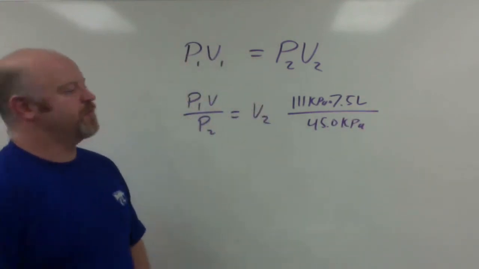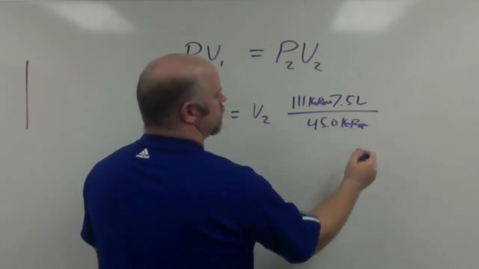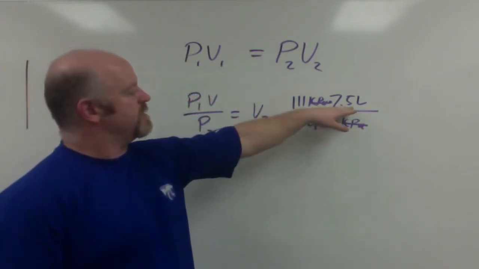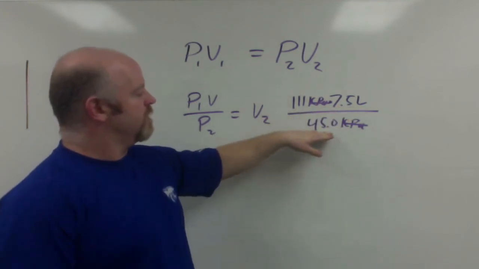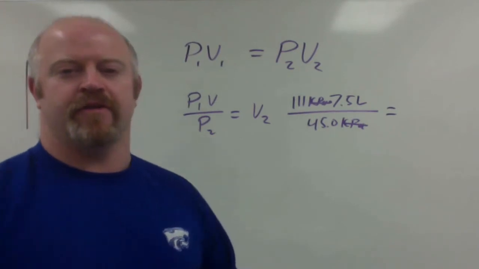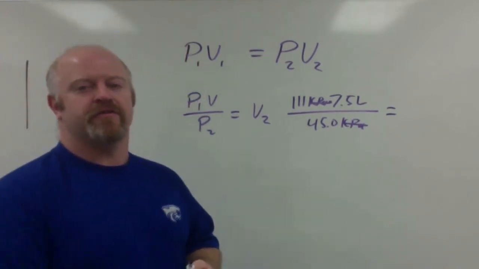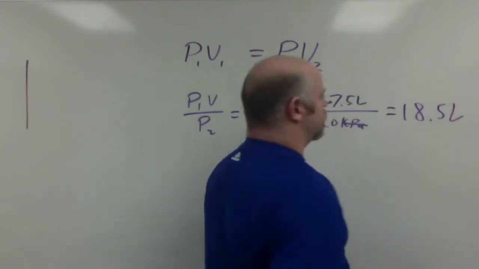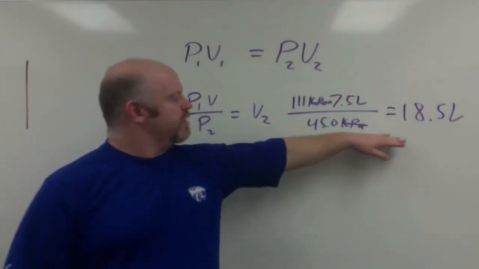And if we notice in our labels, kilopascals are going to cancel, so we're left with liters as our label. And now we just take 111 times 7.5 divided by 45. So 111 times 7.5 divided by 45, and we should get 18.5 liters is our answer here. Okay, so we get 18.5 liters.